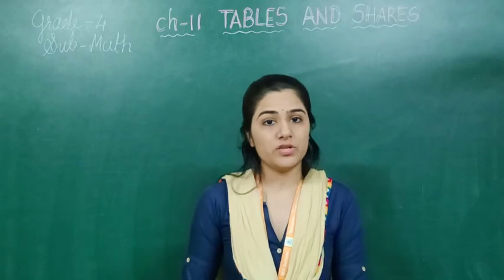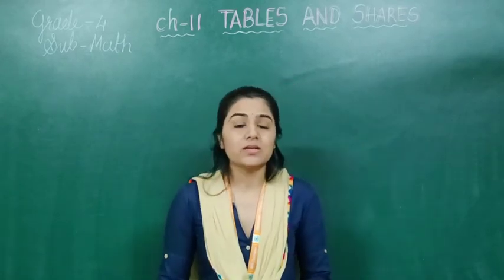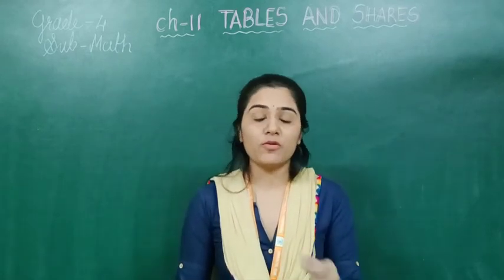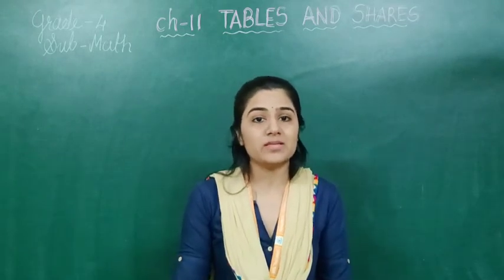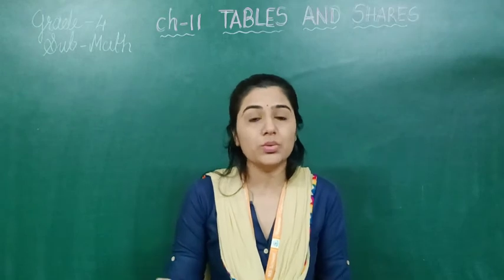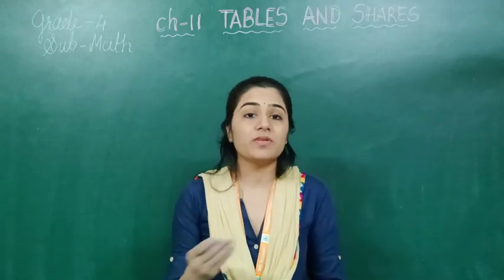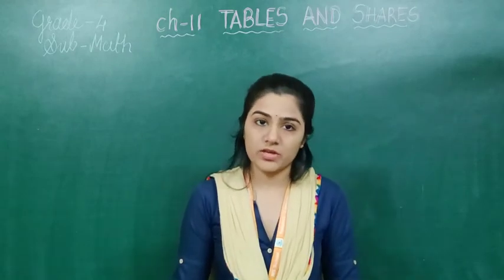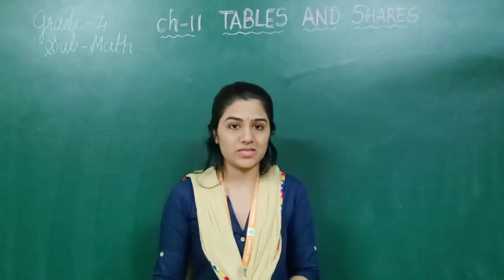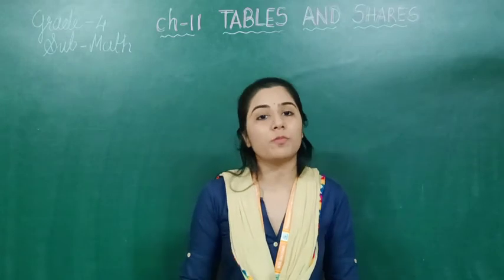What is called division? Division is the distribution of a group of particular things, right? Means we are dividing one whole group into equal parts. That is called division. In other words, we can say that division is the inverse of multiplication.